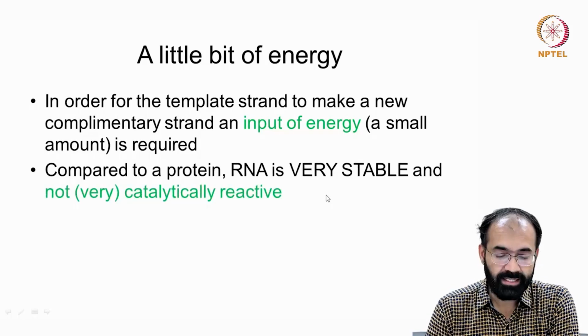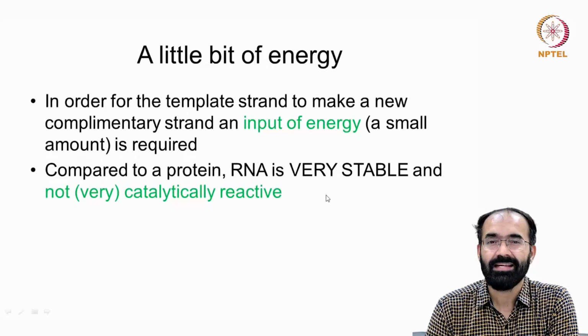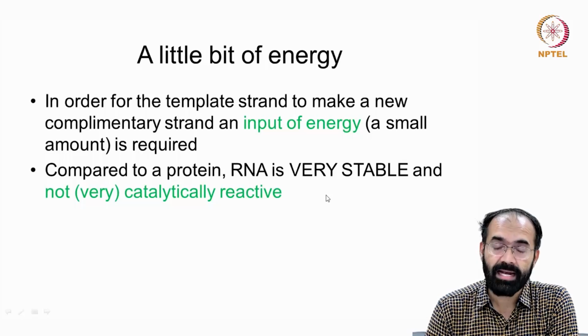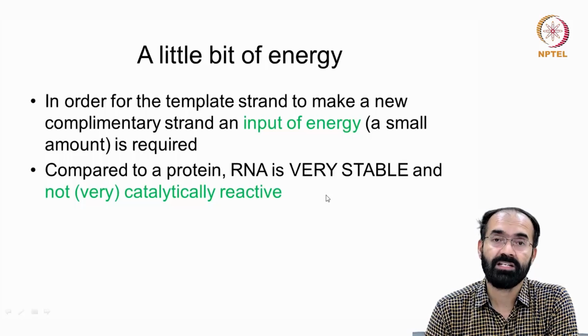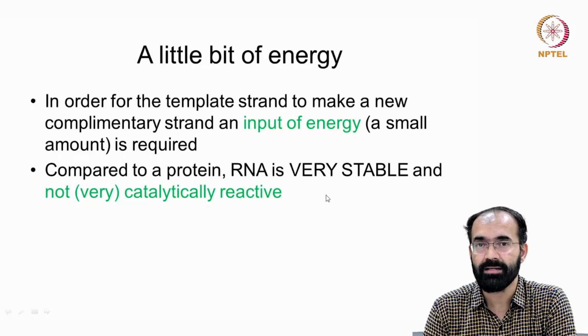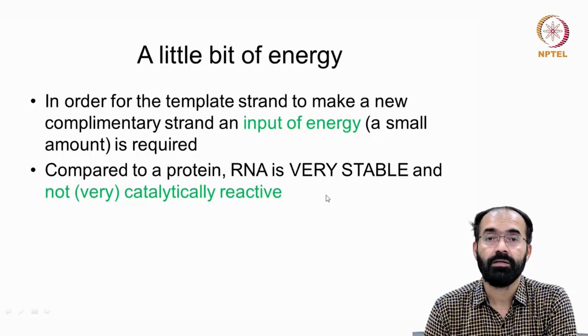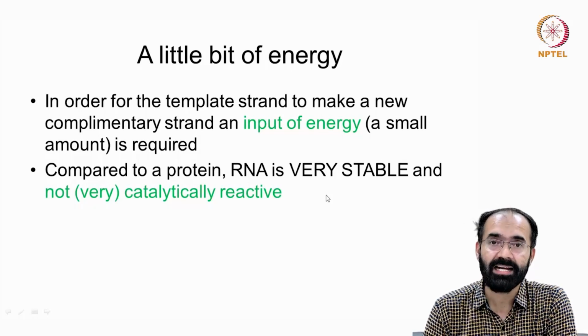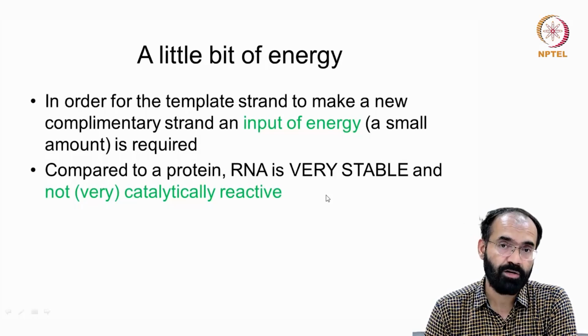Compared to a protein, RNA is very stable and not very catalytically reactive. Compared to DNA, RNA is very catalytically reactive and biologically active. But compared to a protein, it is less active. But the life forms had to depend on this less active RNA in the prebiotic world.